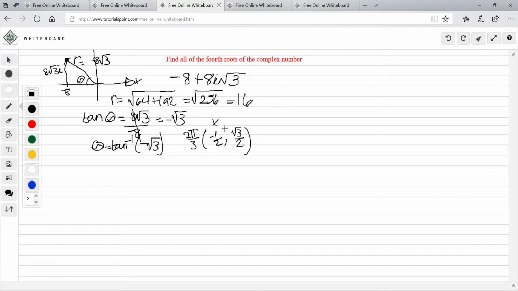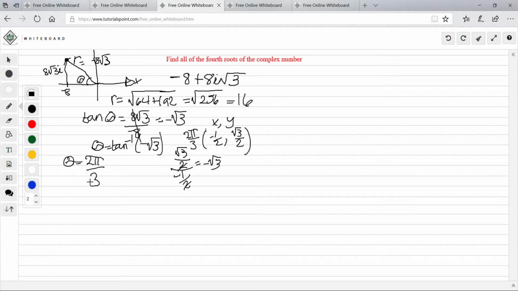This is your x and this is your y. Is this doable? Let's check. y over x is root 3 over 2 divided by negative 1/2, which gives you negative root 3. Yes, that's definitely doable. That's our theta. So theta is 2 pi over 3.